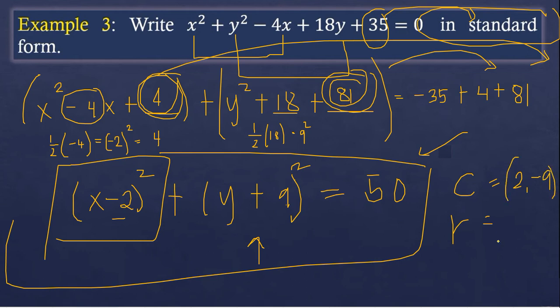Very good. How about the radius? Square root of 5 square root of 2. Why is it 5 square root of 2?